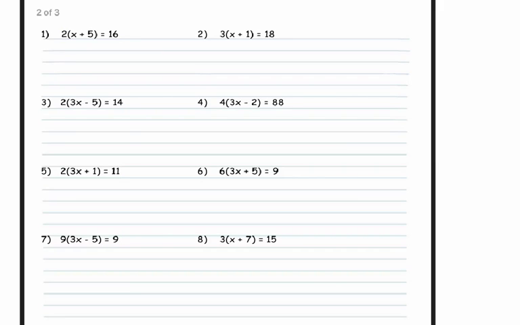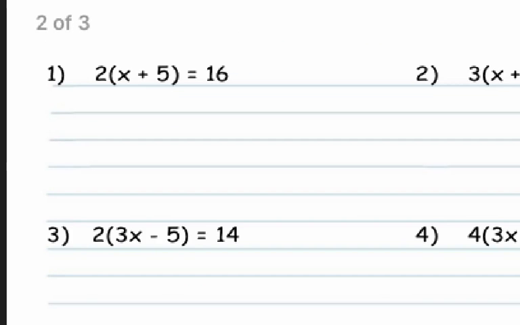So now what we're going to do is apply that knowledge to solving two-step equations with the distributive property. So I'm going to zoom in here. Alright, so we're going to do 2 times x and 2 times 5. Well, 2 times x is 2x, and 2 times 5 is 10.